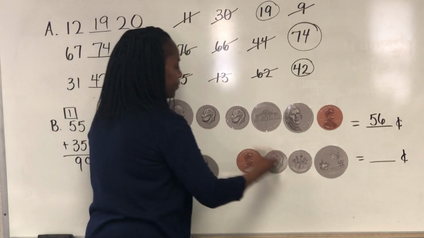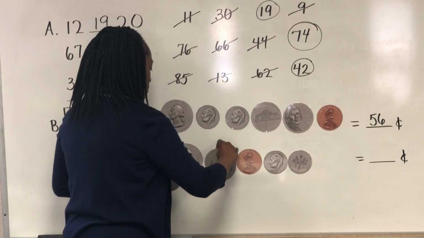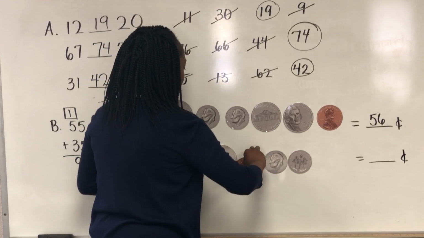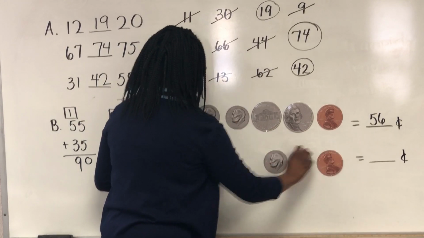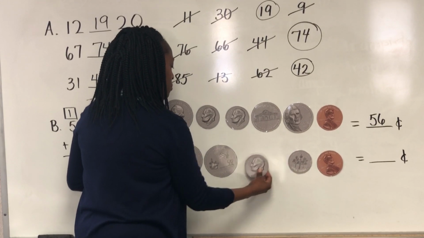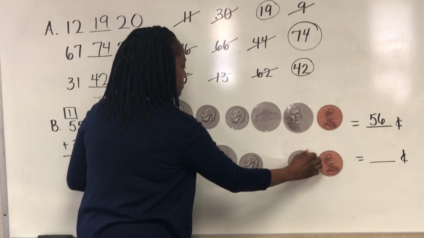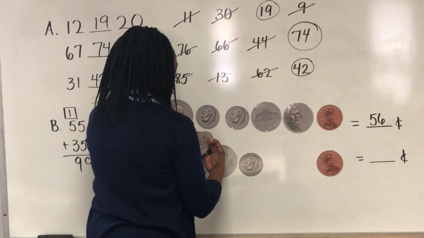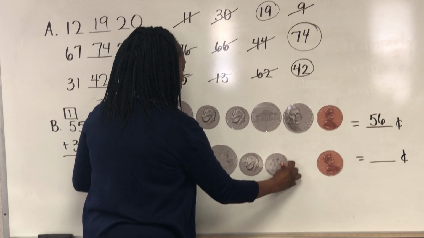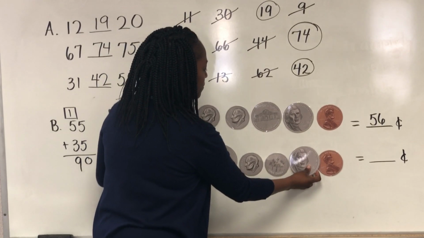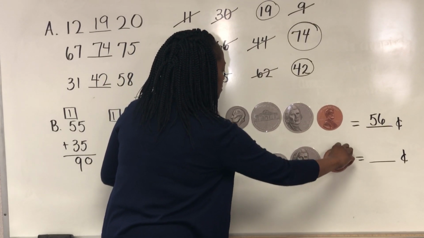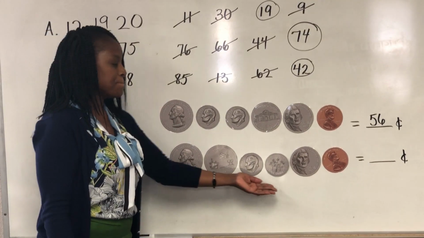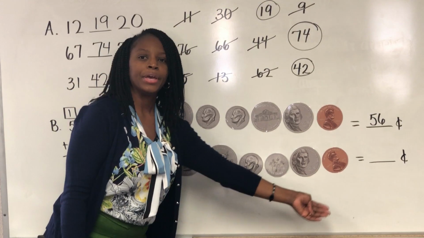So I'm going to move my nickel and move my quarter over here, move my penny to the end, move my dimes over, and then place my nickel over here. Scoot over, penny. All right, so now I have my quarters, my dimes, my nickel, and my penny.